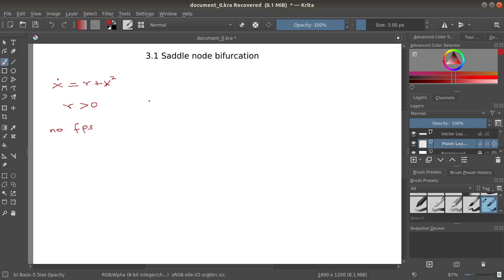Okay, what if r is negative? If r is negative, then this is a negative value and this is a positive value, and therefore I could write x star, which represents the fixed point. x star square is equal to minus r, where x star is equal to plus or minus root minus r.